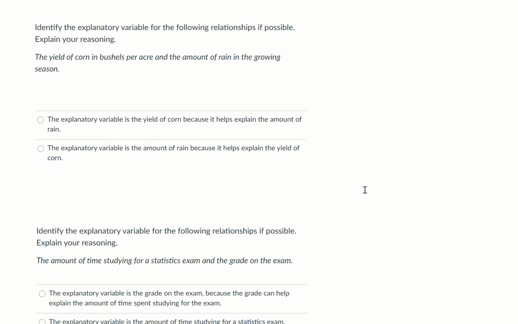All right, so identify the explanatory variable for the following relationships if possible. Explain your reasoning. So the yield of corn in bushels per acre and the amount of rain in the growing season. So the explanatory variable, remember, explains the other one. So which one explains the other one? It looks like the amount of rain could help explain how much corn you get.